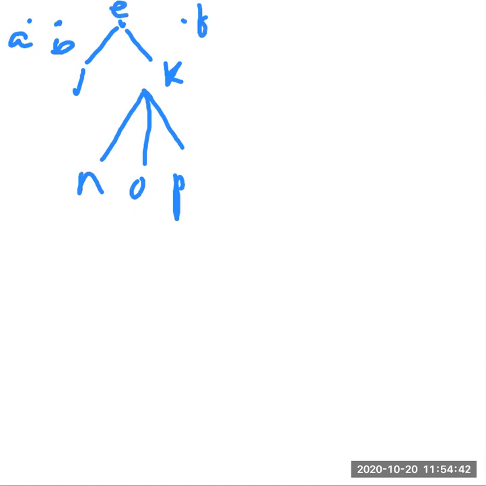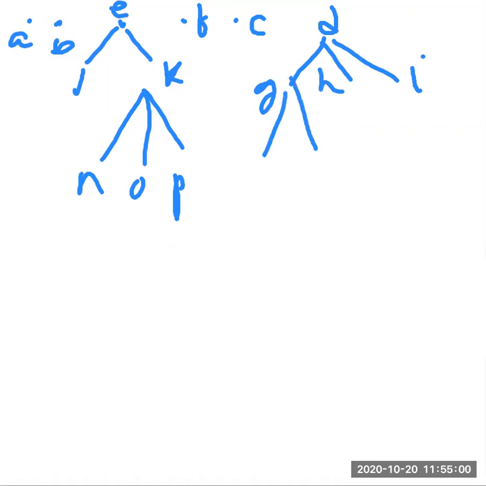That is, C will remain as it is. Then the tree rooted at D will still remain as it is. We have not visited it. D has 3 children, G, H, I, and G has 2, L and M. This is the stage of the algorithm.